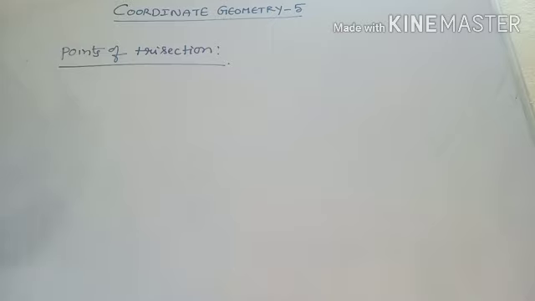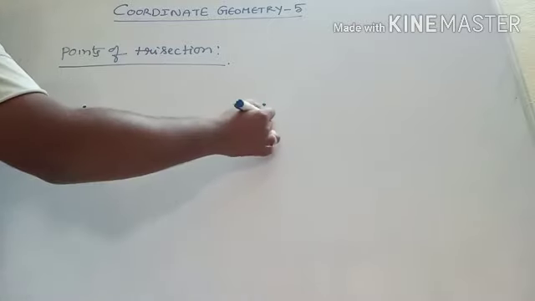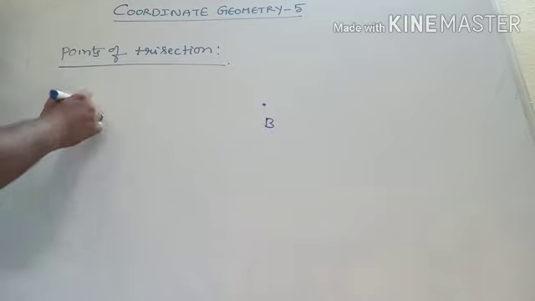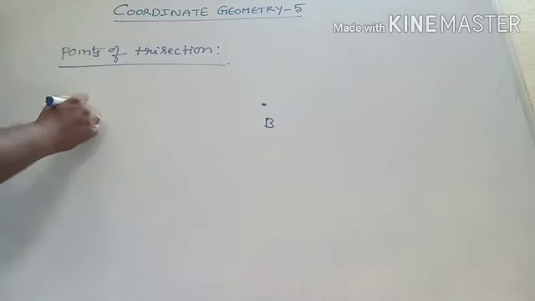Now we have one more important term called points of trisection. We have to know very clearly what points of trisection are, my dear students. Suppose a line segment AB is there. In what ratio will those points divide this line segment AB?